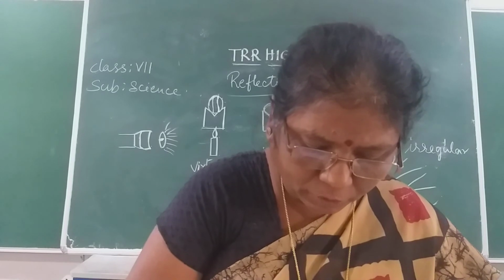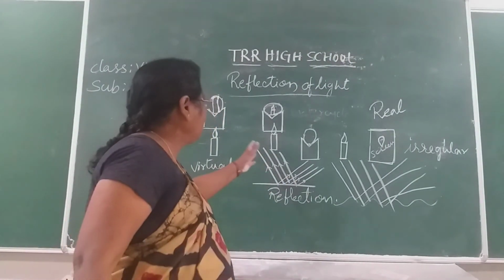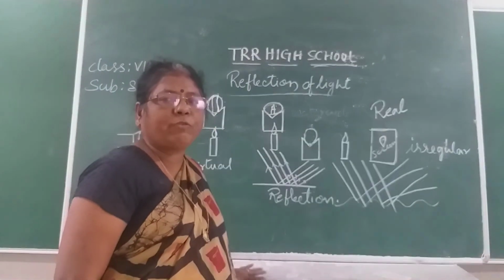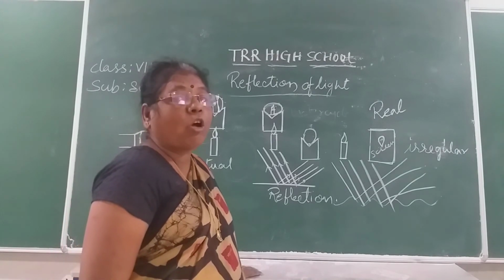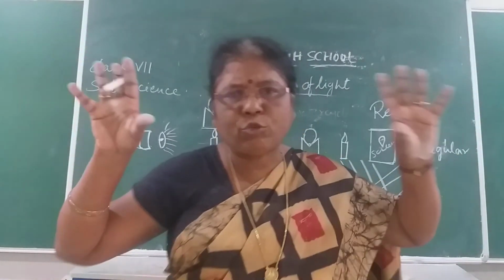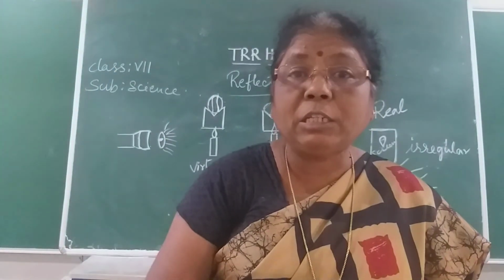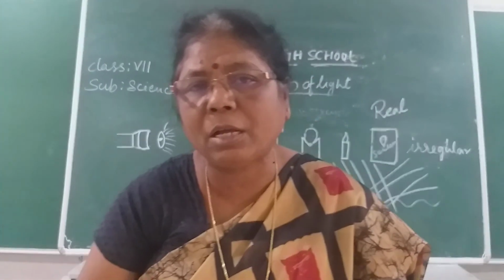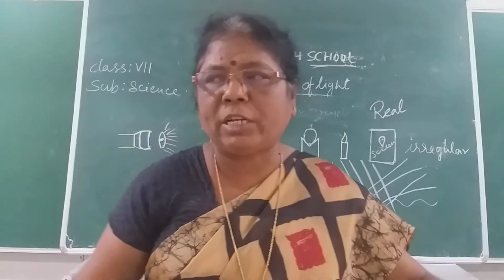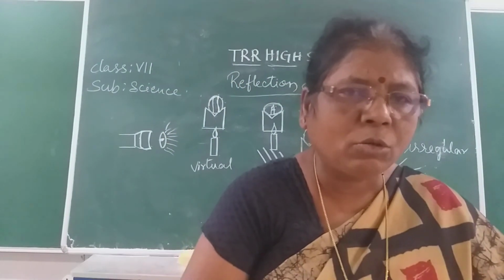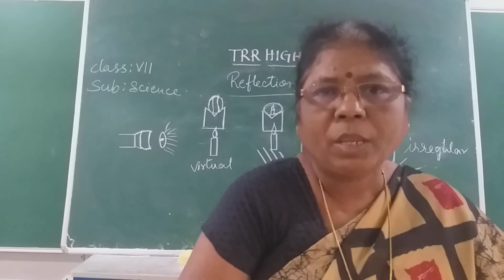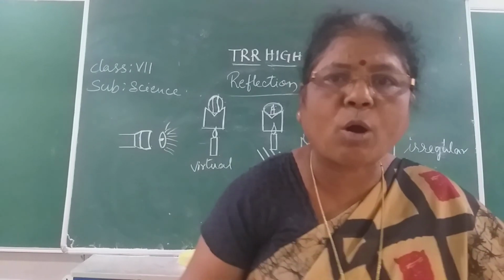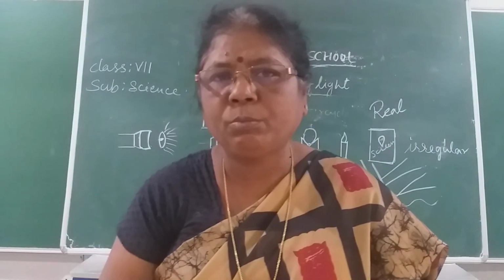Understood? So here you have seen the types of mirrors. There are two types of spherical mirrors. They are convex and concave mirrors. Have you observed the rear view mirrors? Diminished images you will see in the convex side mirrors. Whenever you go along with your parents on a bike or in any vehicle, car, you observe the images formed in the rear view mirrors.